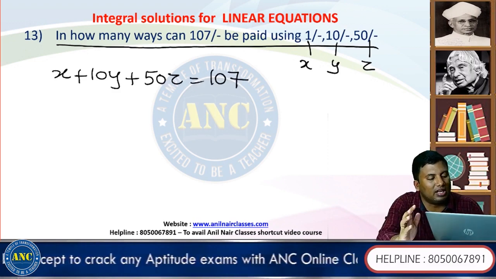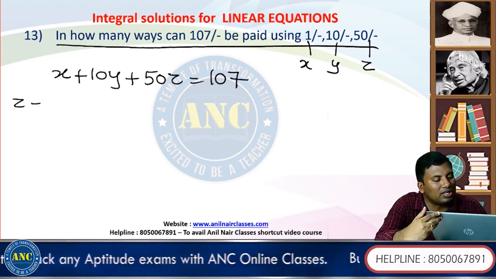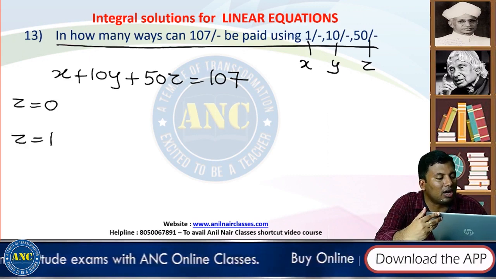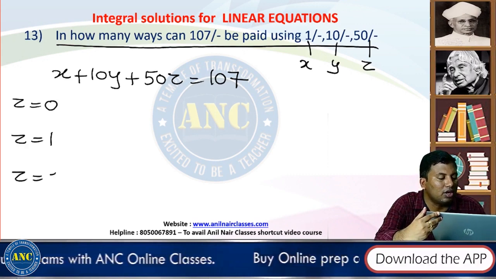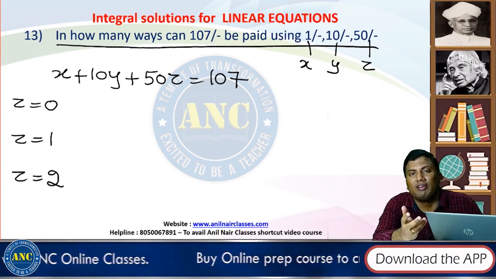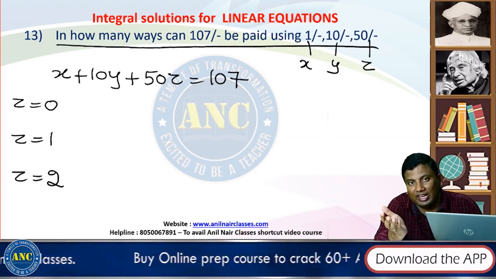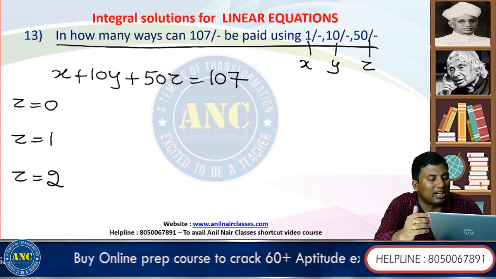Is this equation clear? Just by looking at the question, I can say z cannot take more than 2, because if z takes 3, 50 into 3 is 150, which is greater than 107.